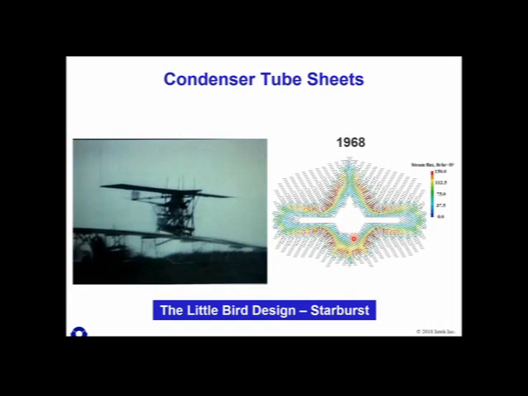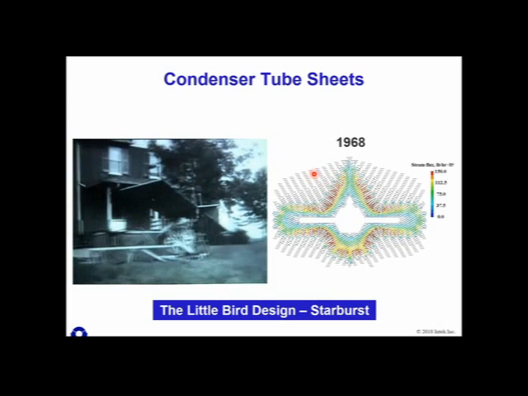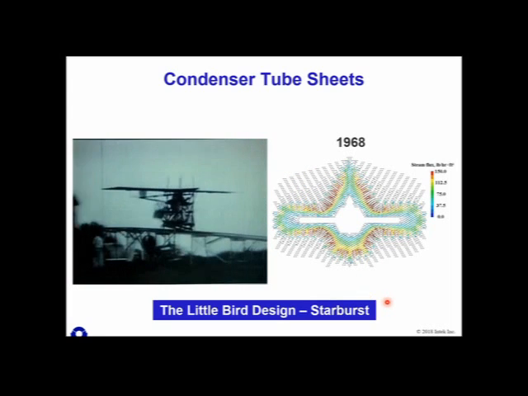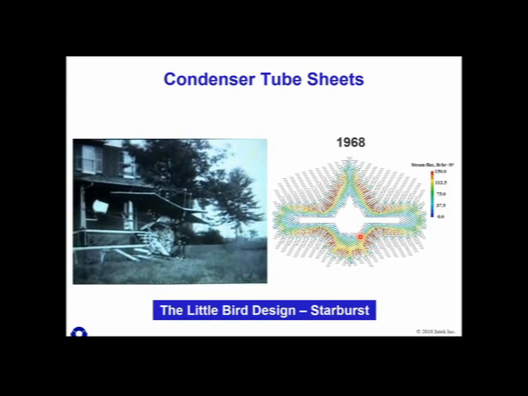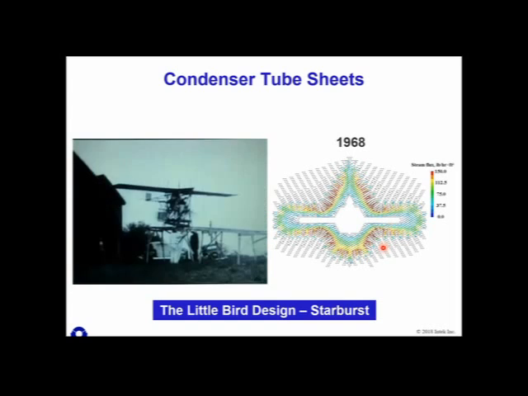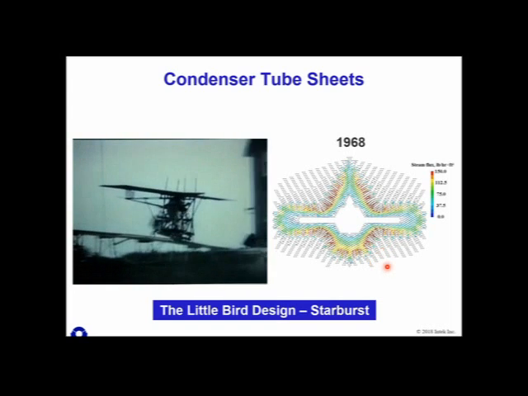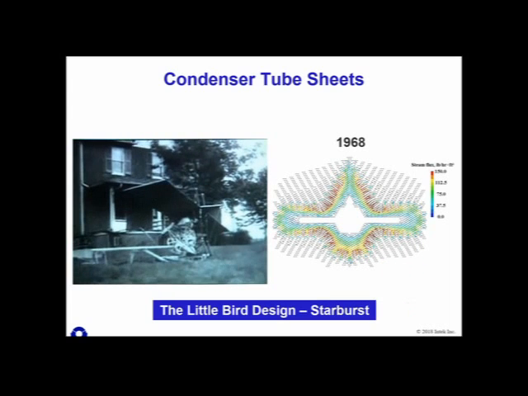Some common features from these designs are these very deep, wide area steam lanes to allow steam to penetrate. This design, I'll talk about quite a bit later on, but this design did not work very well due to air management issues, as well as some tube vibration issues, but that's a separate topic.